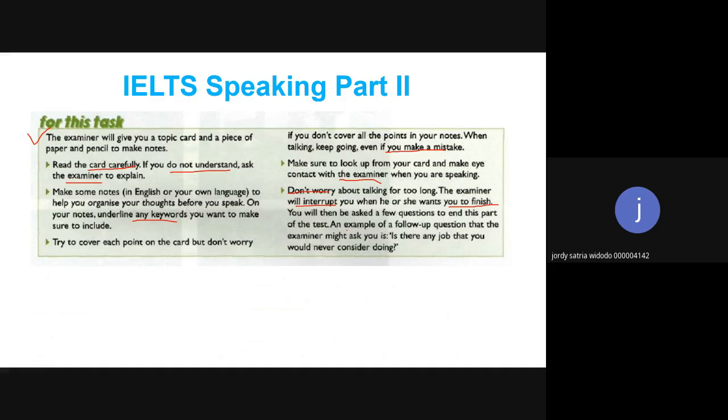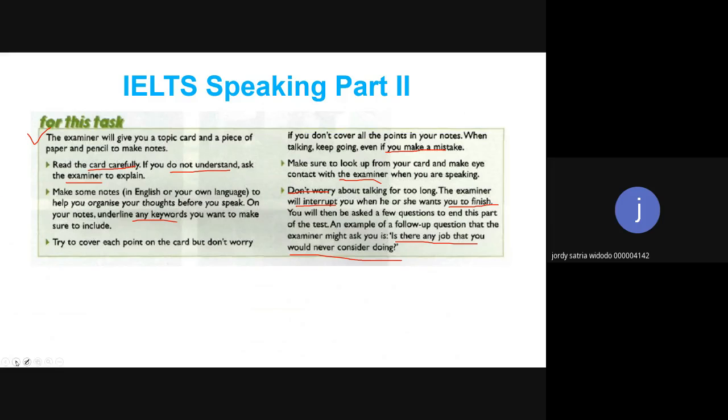An example of a follow-up question that the examiner might ask you is: is there any job that you would never consider doing? If you have been told to finish your speaking, then you finish speaking whenever you are stopped, even though it is still hanging, and later on the examiner will ask you a follow-up question.